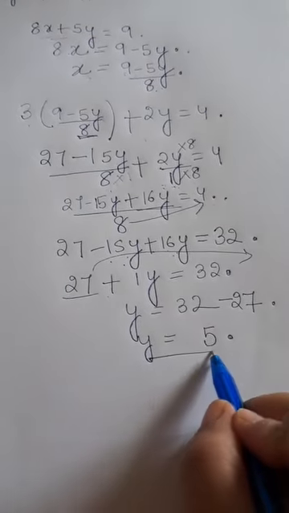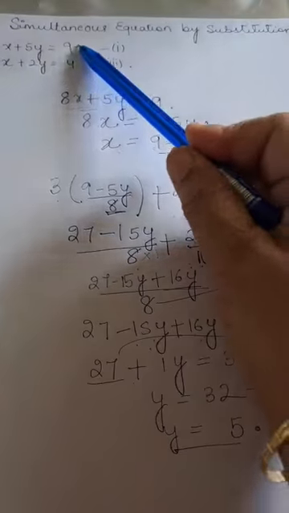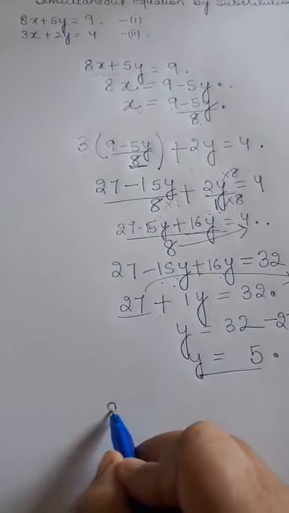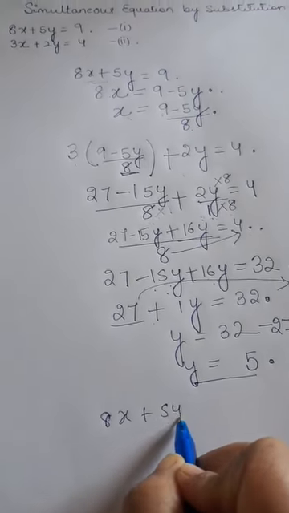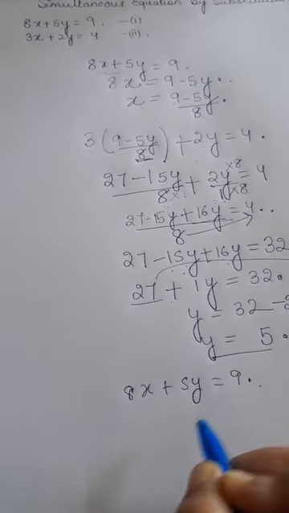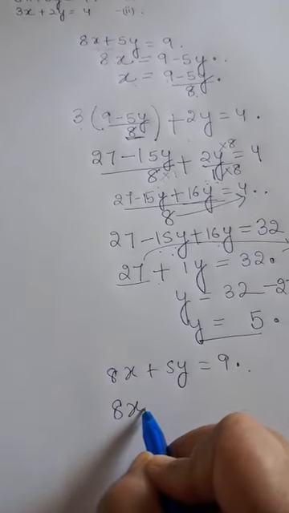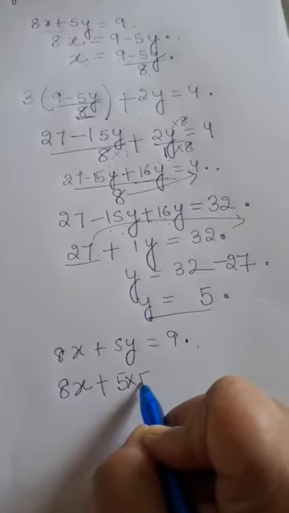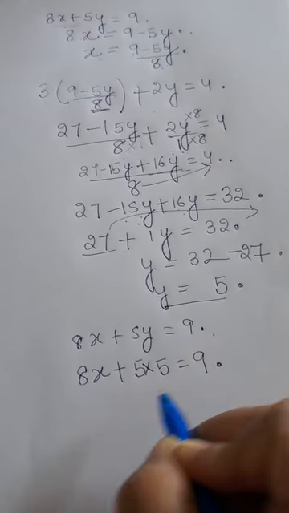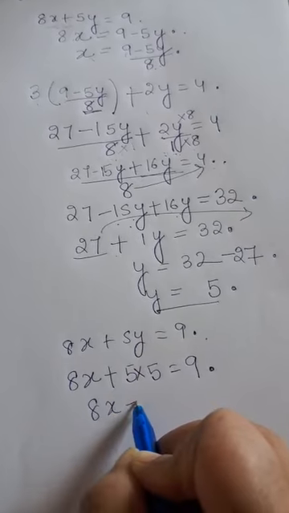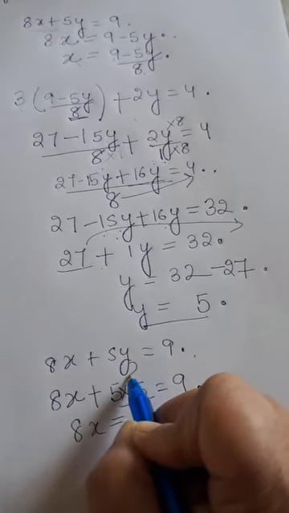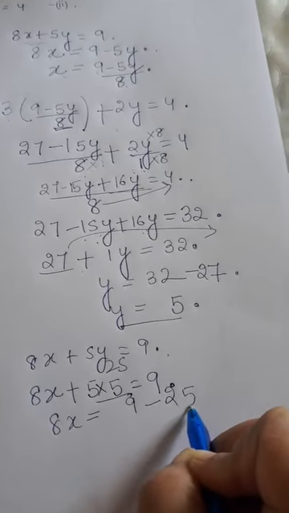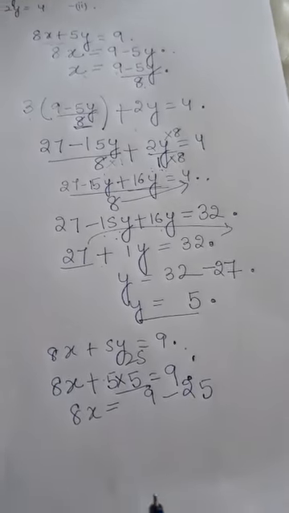Now we will put this value of y in either of the two equations. So I'm putting it in the first equation. The first equation was 8x plus 5y is equal to 9. So now it becomes 8x plus 5 into 5, because y is 5, is equal to 9. So 8x is equal to 9 minus 25, because 25 goes to the other side of the equation.